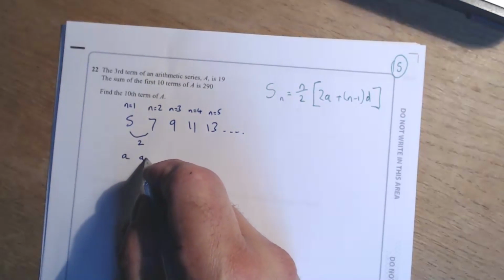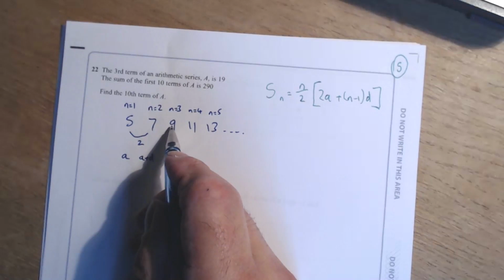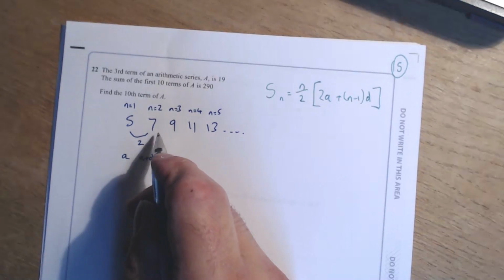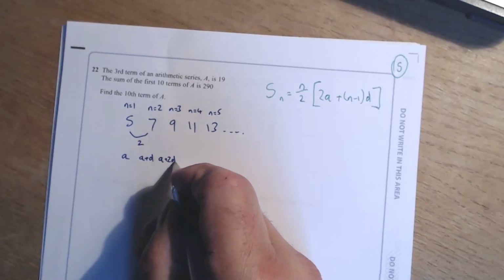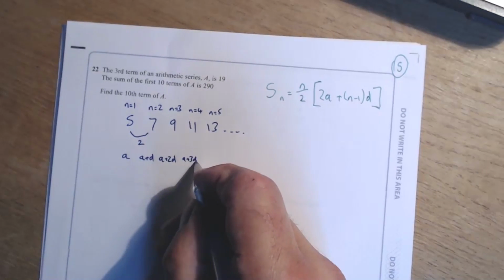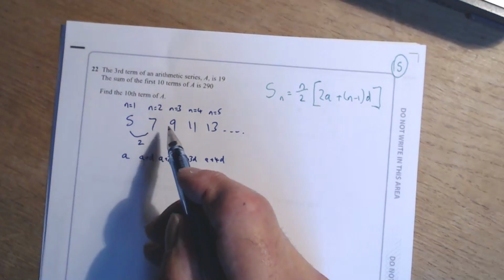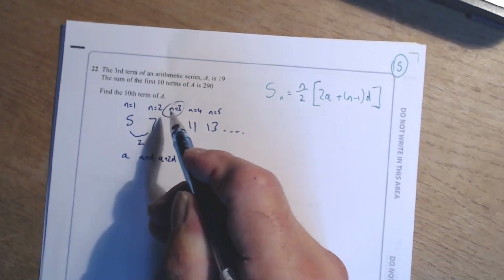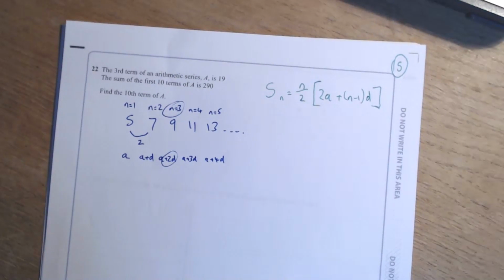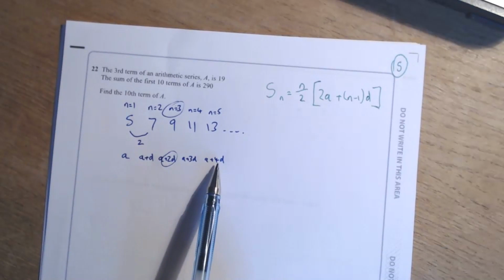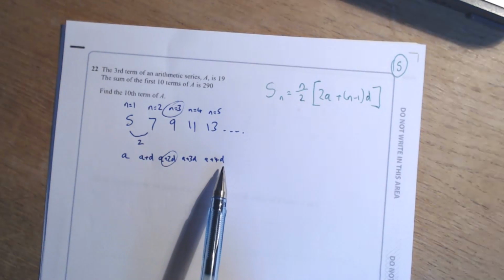So that would be A plus D. How would we work out the next one? Well, we would add on another D. So that would be A plus D plus D, or in other words, A plus 2D, then A plus 3D, and so on. Now, what I want you to pick up is the fact that the number n is one more than the number of D's, or perhaps better looked at the other way, that if you're fifth in the sequence, that is when it's A plus 4D.